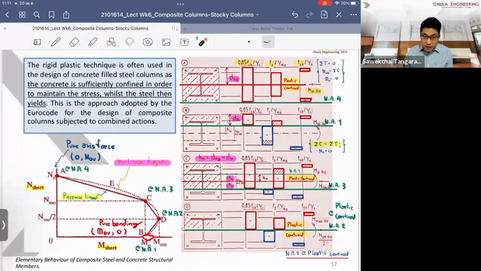But when we look at point B, this is the stress in the concrete, this is the stress in the steel, and so on. When you have this pattern of stress, it gives you zero axial capacity, but it gives you the maximum bending, which is the pure bending at point B.